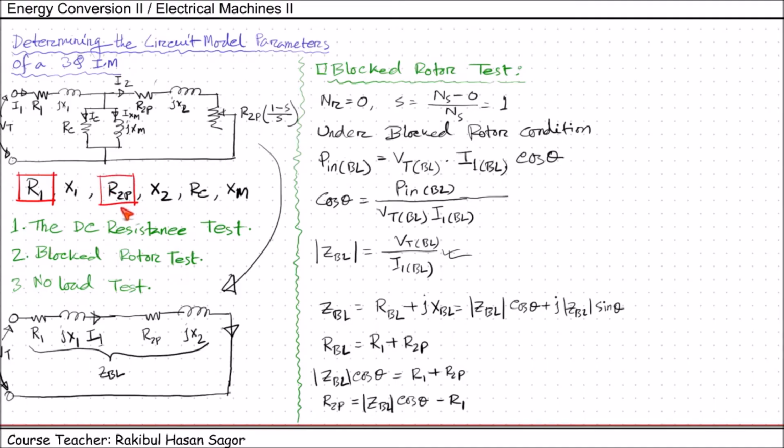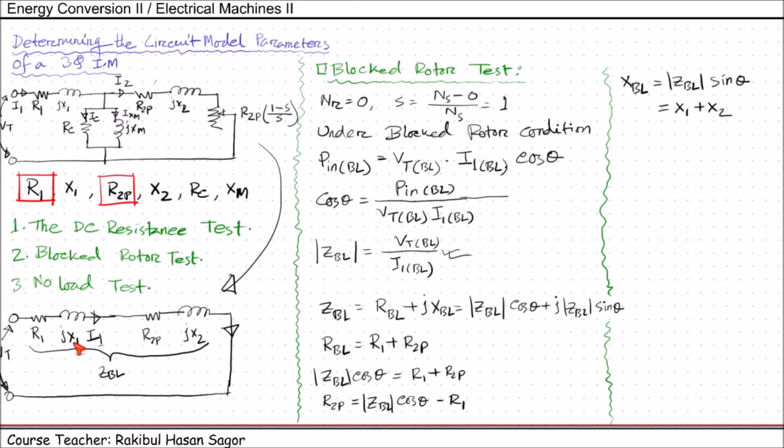Still we need to find the values of other parameters. Let us continue. From this equation we can say total X_BL, the total reactance under blocked rotor condition, can be written as Z_BL sin theta, which is equal to X1 plus X2.